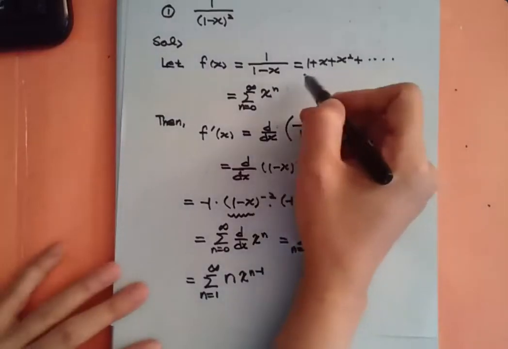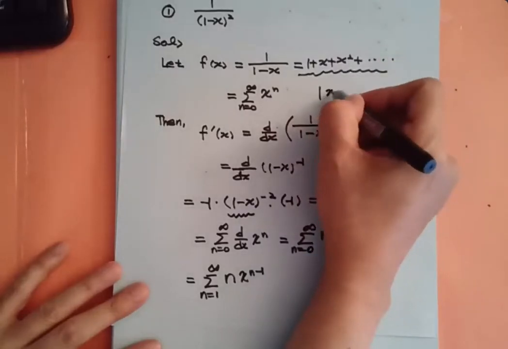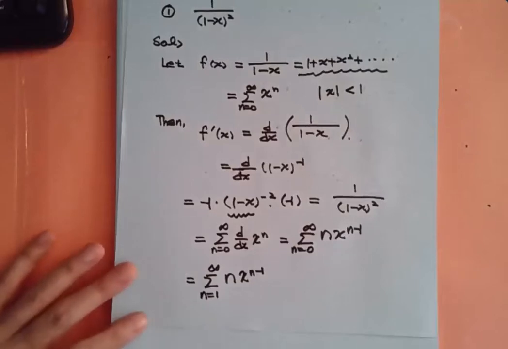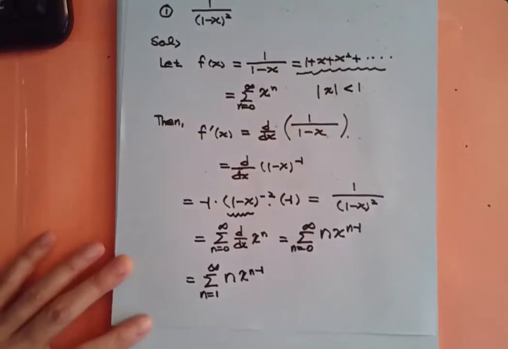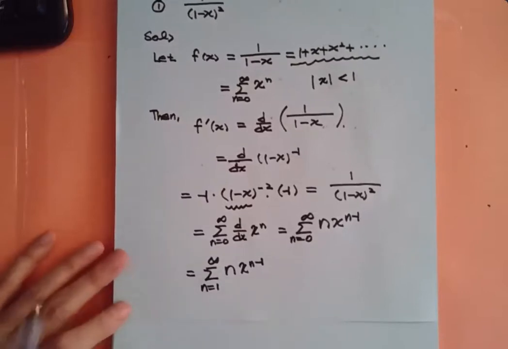We know that this is a geometric series. The radius of convergence is 1, that converges when the absolute value of x is less than 1.